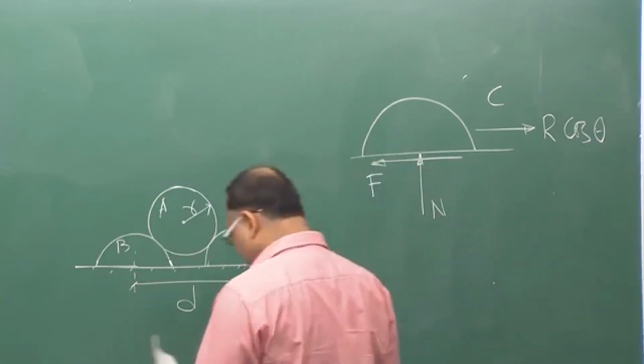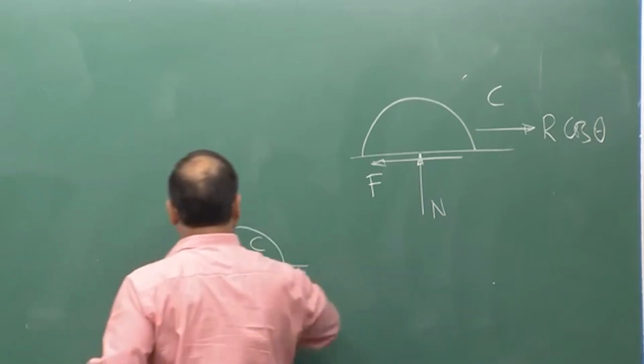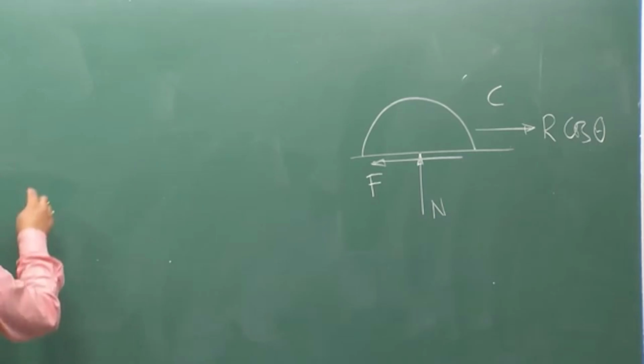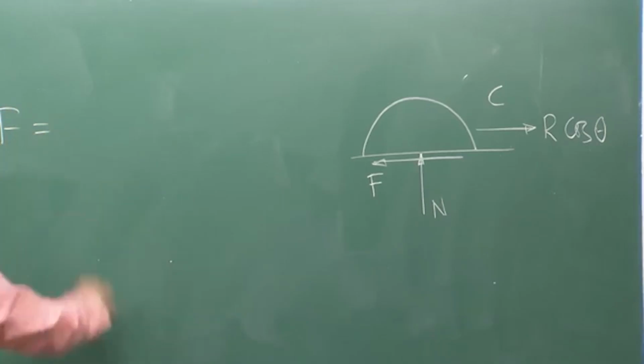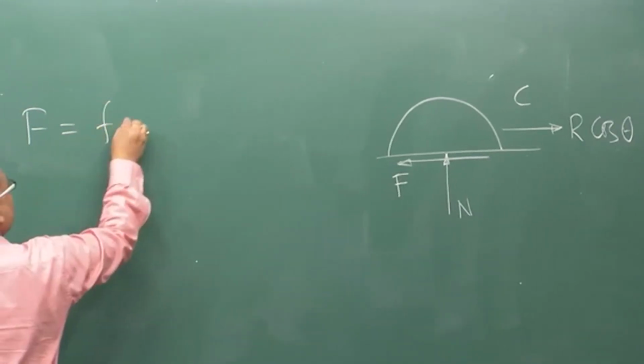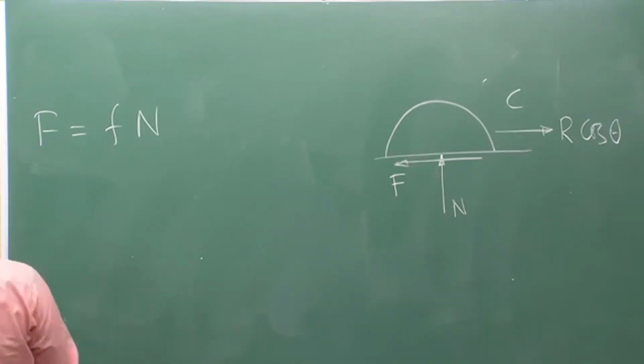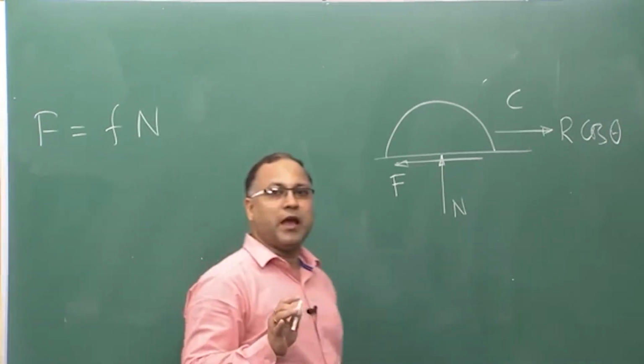So, from this what I can write: this F is nothing but small f, that is the coefficient of friction, times N, which you have already calculated. Therefore, to maintain the equilibrium, what you should have?